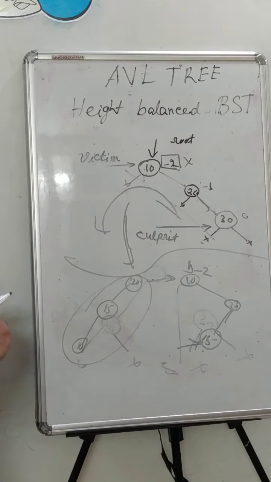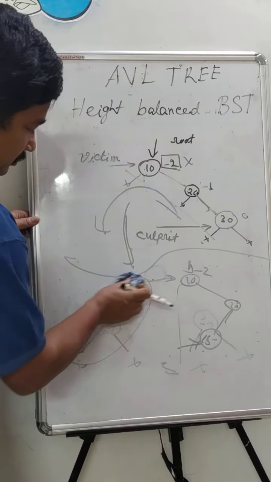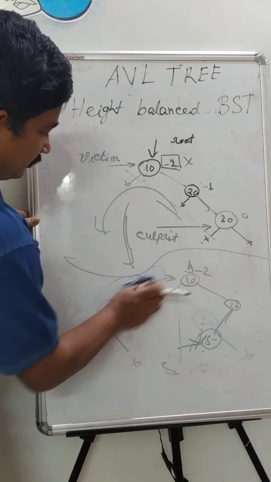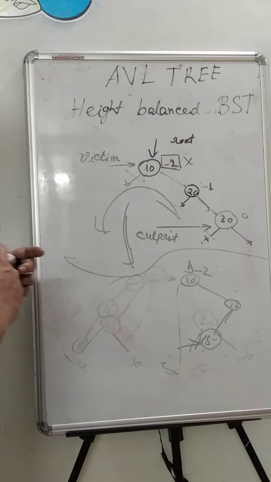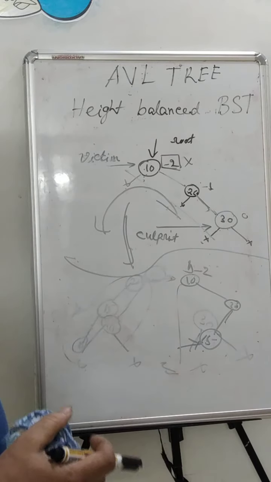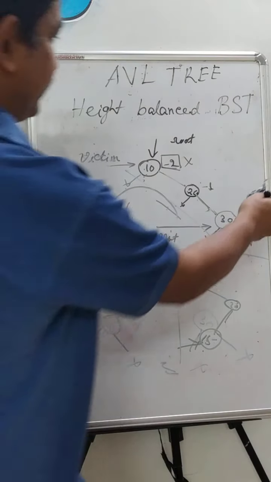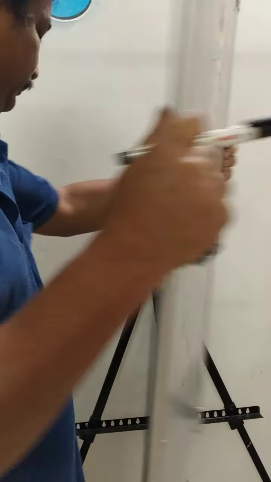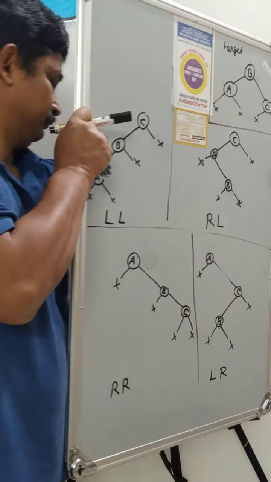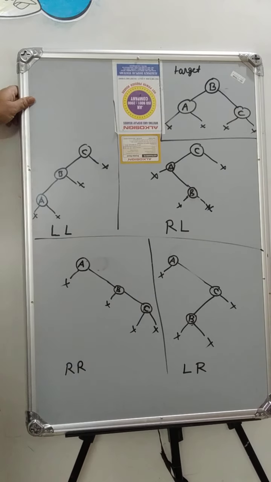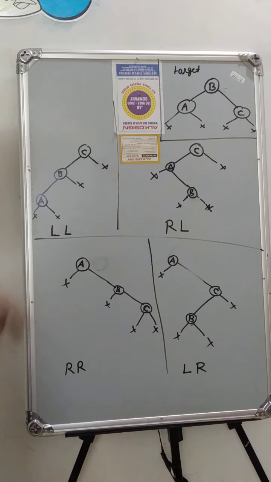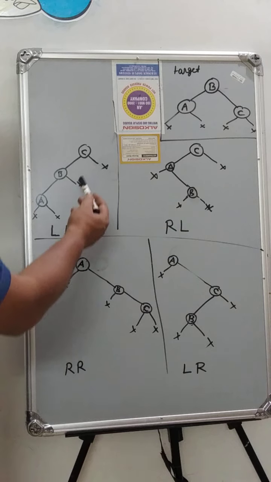So in a binary search tree, we can have 4 different situations of imbalance. They can be seen here.